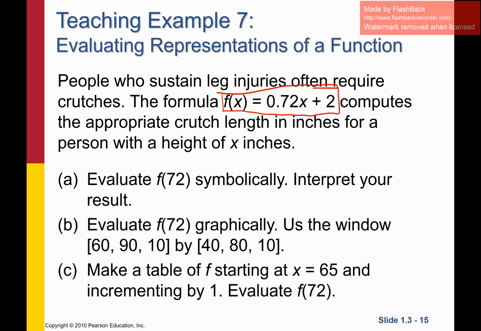So here's the thing when we're reading word problems. Know what your f of x is and know what your x is. So for this particular problem, f of x is going to be the crutch length. And x, and if you have to write these out, I suggest you do it.